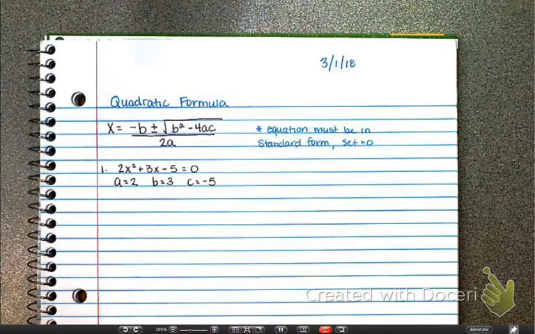Okay? If you know A, B, and C, at this point it is a matter of plugging in those numbers to the quadratic formula. So that's what we're going to do together. Ready? Okay.